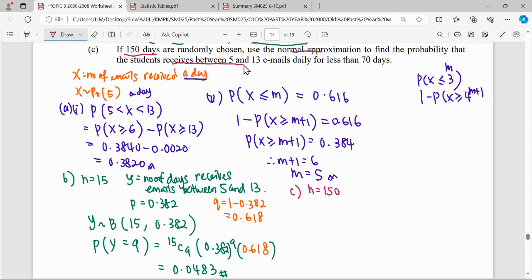The situation still remains the same, receiving between 5 and 13 emails. So P is still the same, 0.382. Y is distributed binomial 150, 0.382. So what do you need to find within these days? You want the probability of less than 70 days.